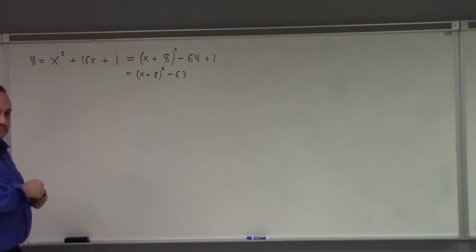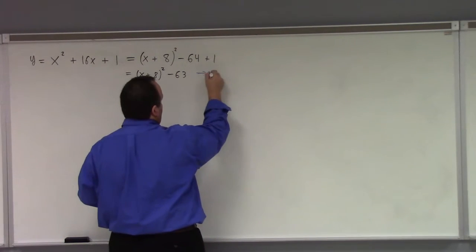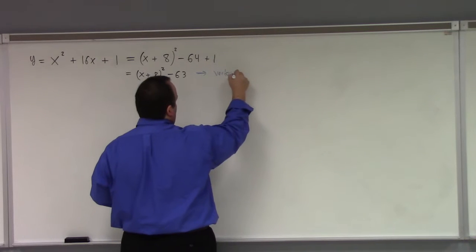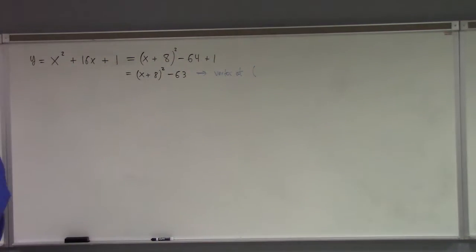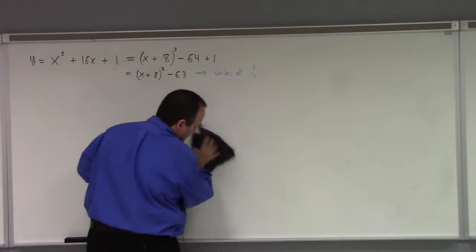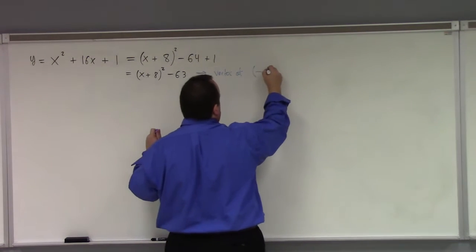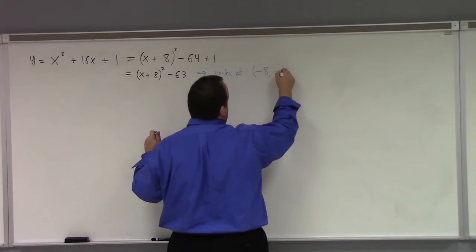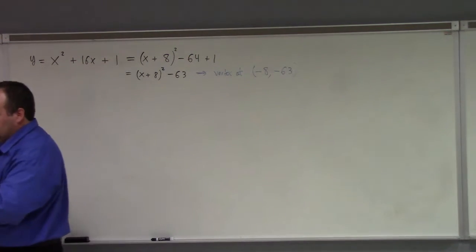Where's the vertex? Where is the vertex? Can you guys tell me? Negative 8, very good. Negative 8 and minus 63. We don't, it's only on the x that we do the flip-flopping.